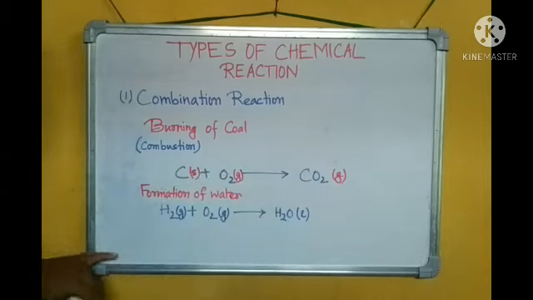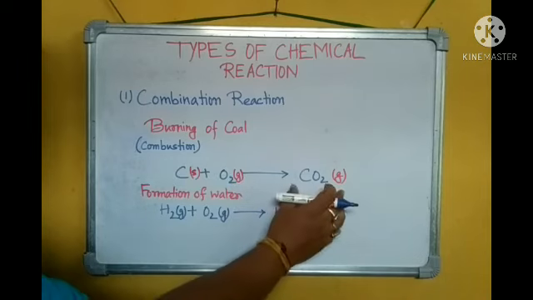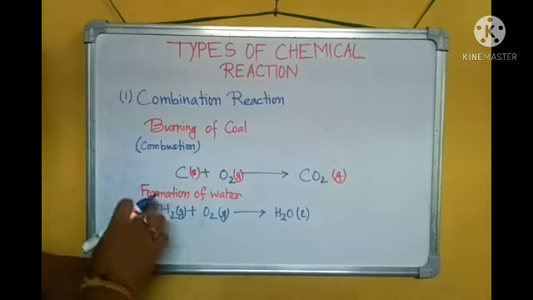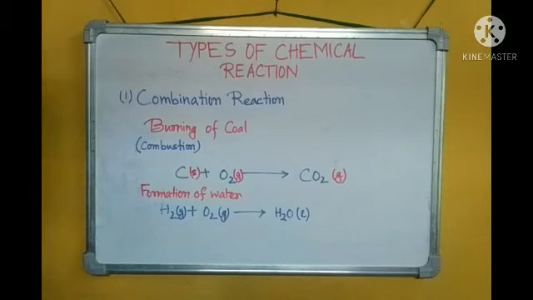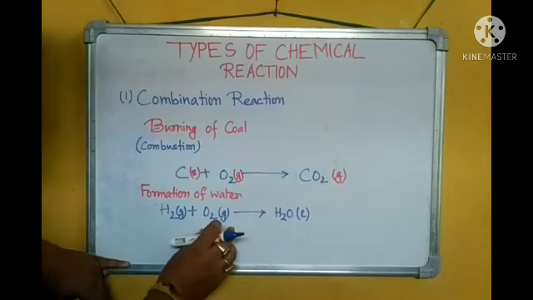So in this reaction, we are seeing that there are two reactants that are combining together to form one product. Similarly, the formation of water is a very common example of a combination reaction. You all know that water is formed from gaseous hydrogen and gaseous oxygen.